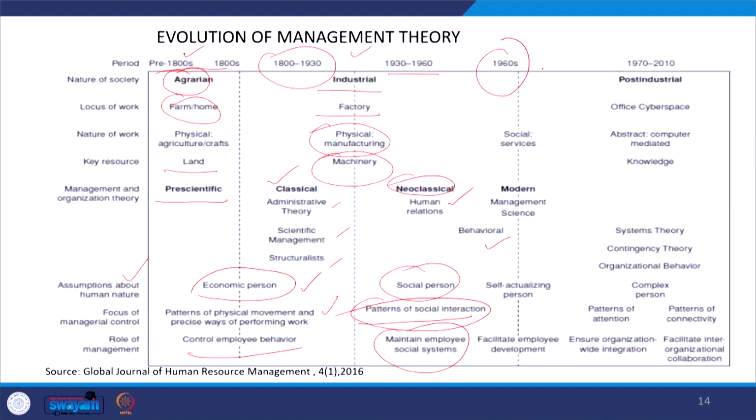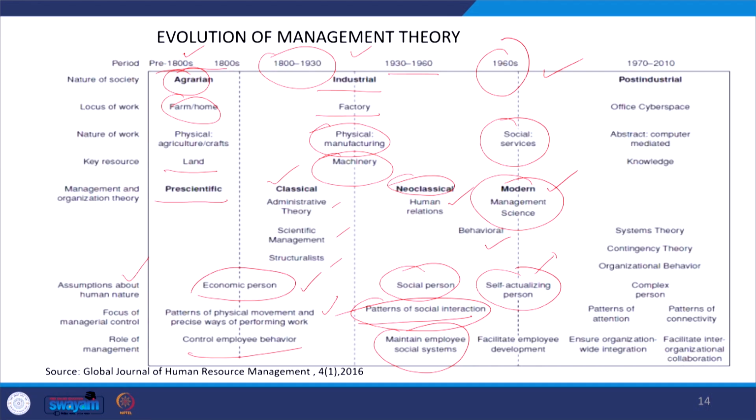Further, during the 1960s, the nature of work was focused on the social systems in the workplace. Management and organizational theory focused on modern management science. As for assumptions about human nature, human beings have different needs. Money and human relations are concerns, but these just keep an individual going.